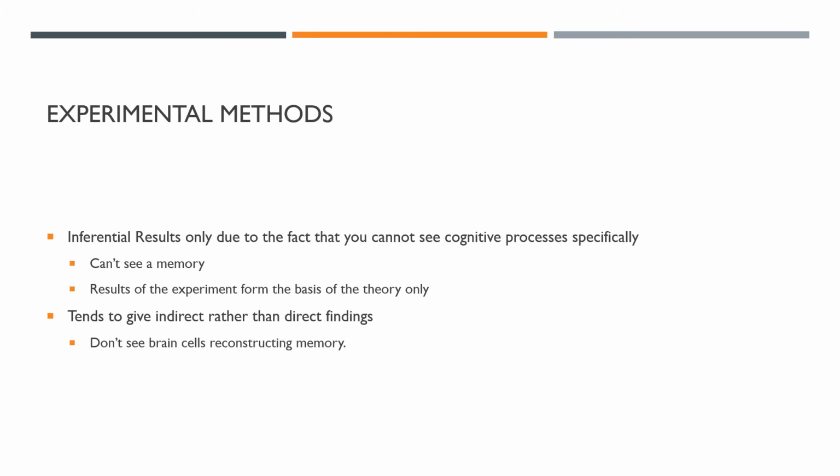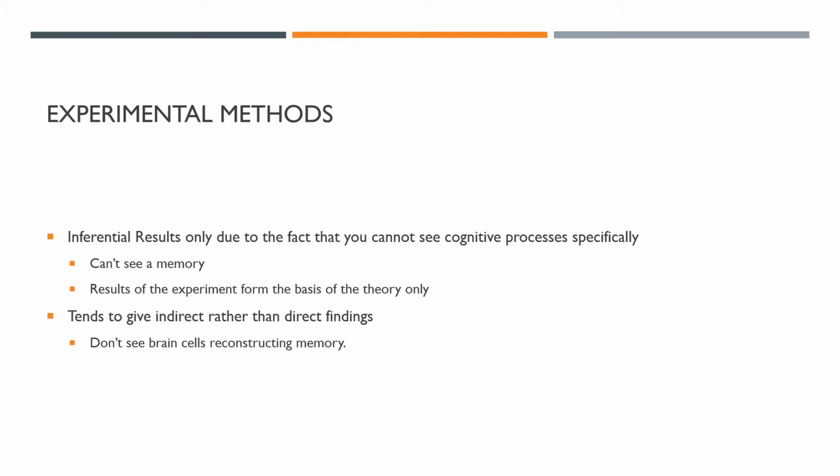So with experimental methods, oftentimes there are inferential results. And what this means is that we have to do some level of inference. We have to make some educated guesses because of the fact that you could not see cognitive processes specifically in an experiment. We can't see a memory on a brain scan.